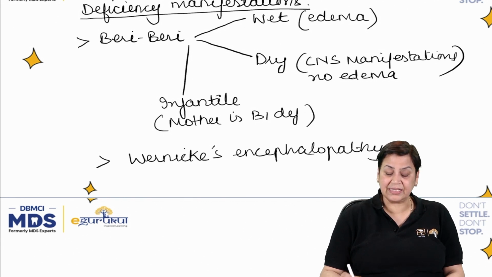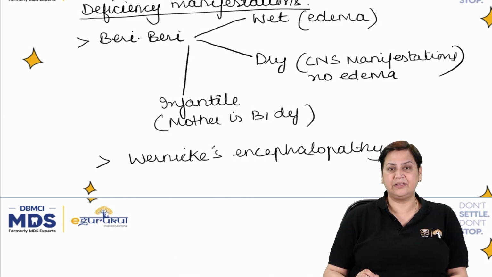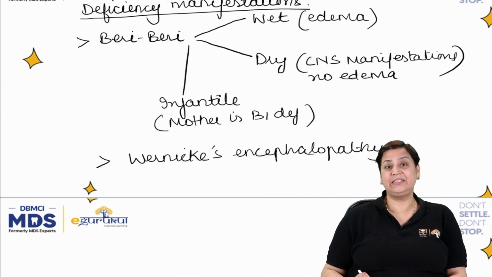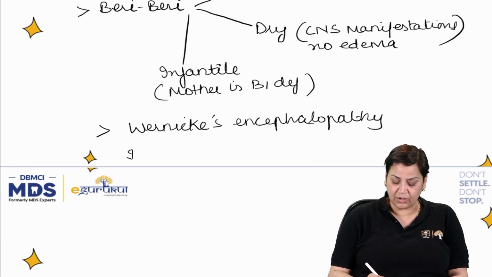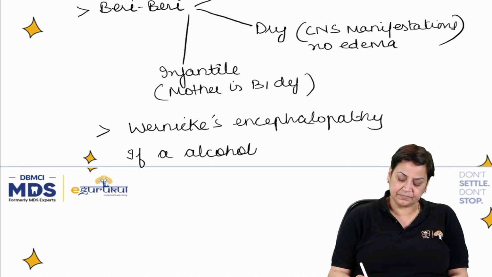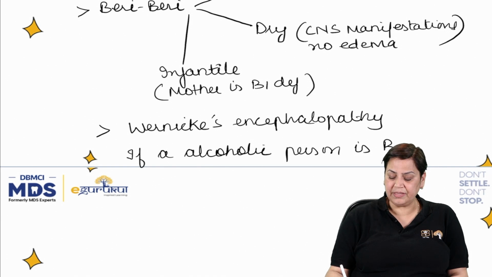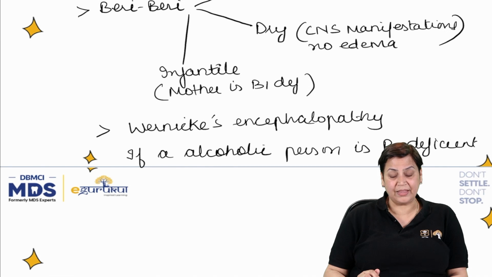Basically, if a man is an alcoholic and B1 deficient, it will lead to Wernicke's encephalopathy, or it is also known as Korsakoff syndrome.